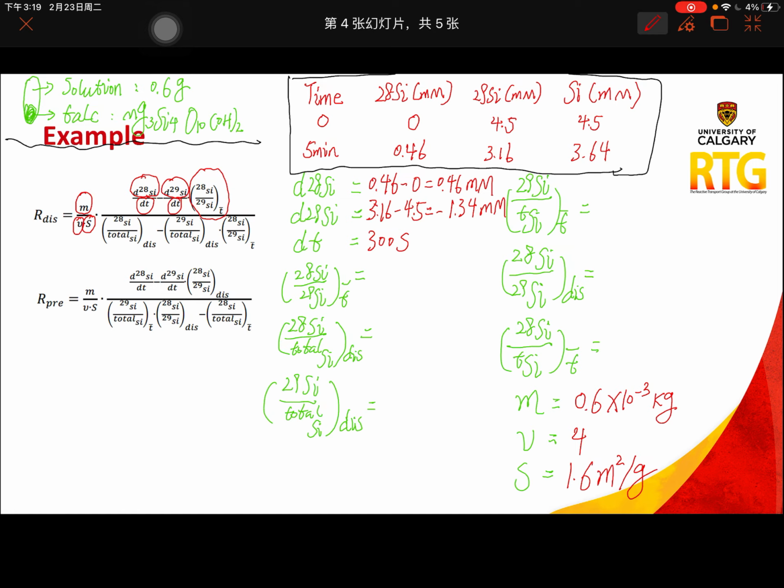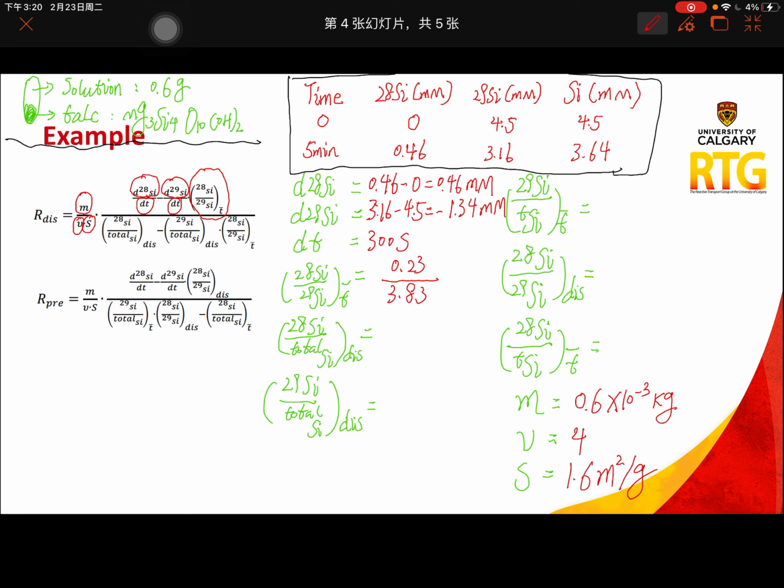At the middle term, which is 2.5 minutes, the average of 28 is 0.23, and the average of 29 is 3.83.